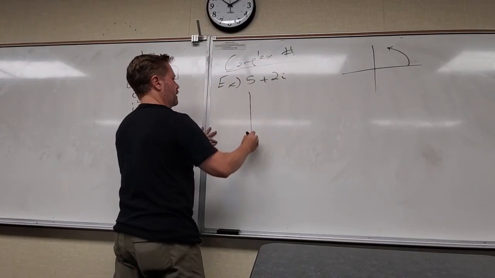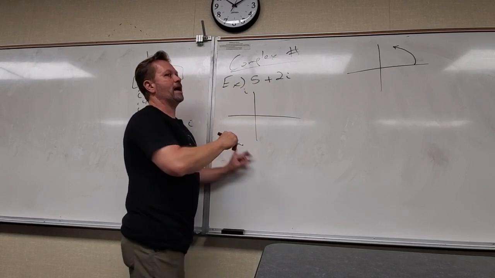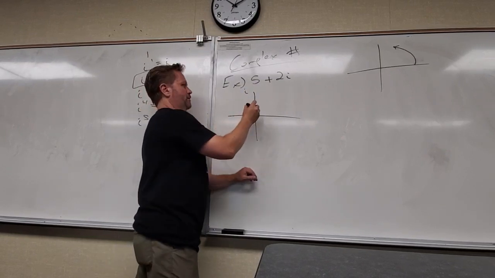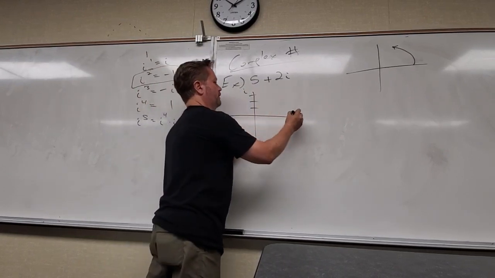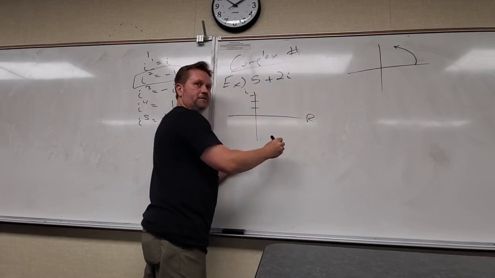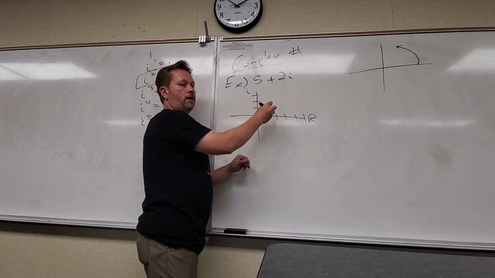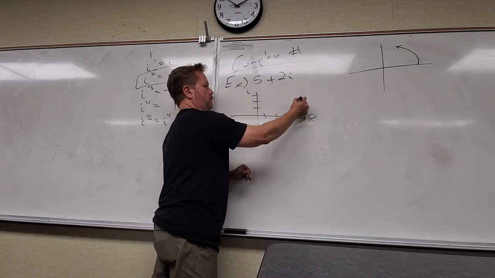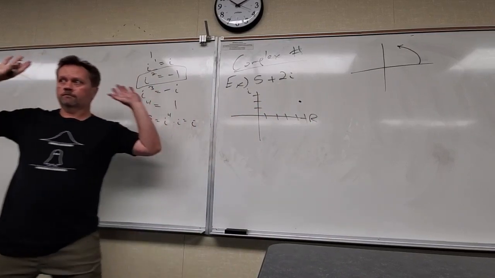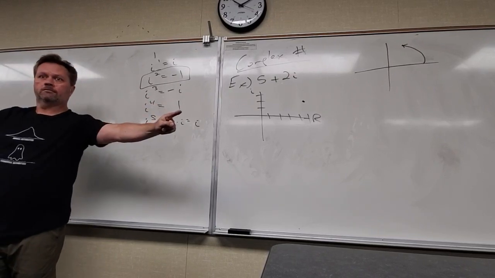This basically answers your exact question. If I see this as the i-axis, i, 2i, 3i, and I see this as the real axis, 1, 2, 3, 4, 5. Can you plot 5 plus 2i? Real part, imaginary part.